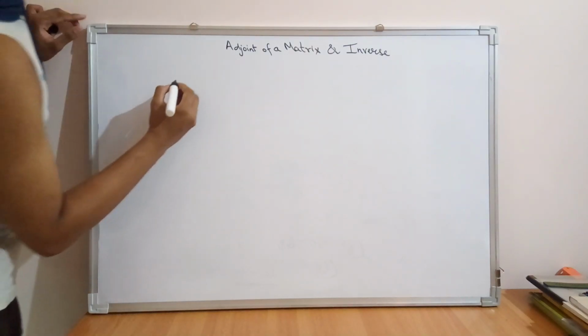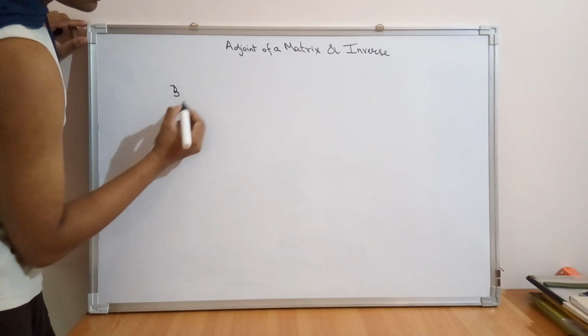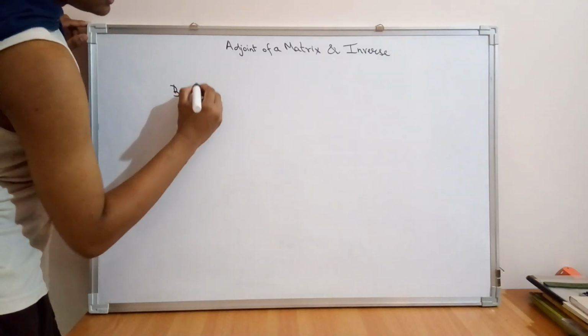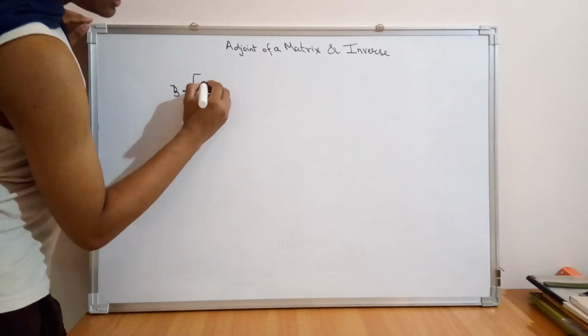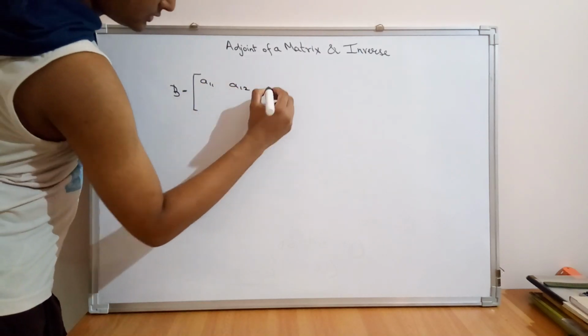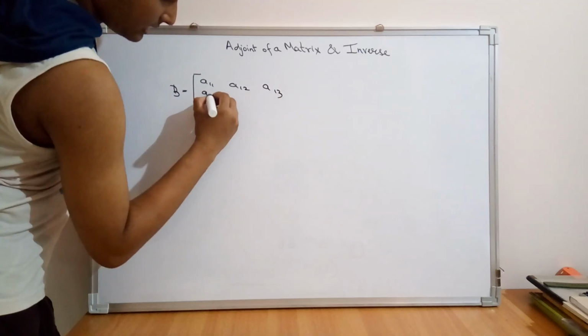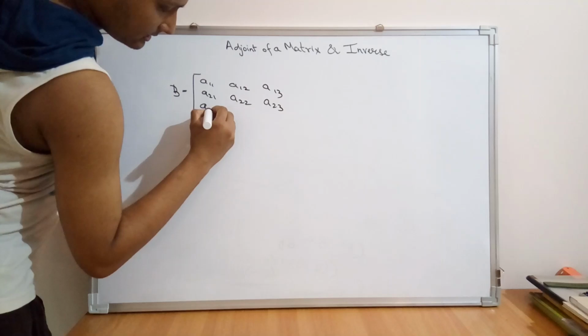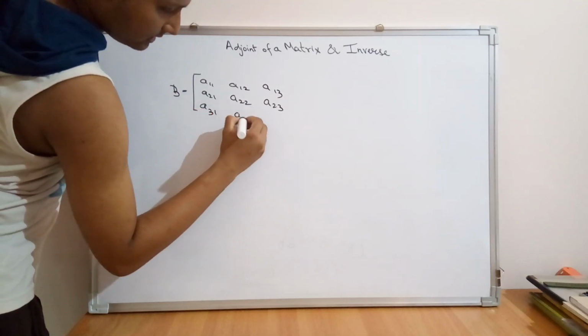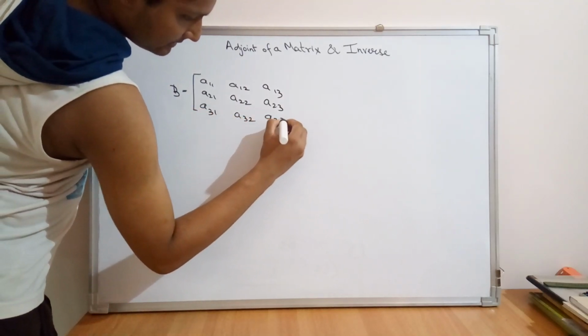So if you consider a particular matrix, I'll consider a 3 by 3 matrix only for a better understanding. So it is going to be A11, A12, A13, A21, A22, A23 and A31, A32 and A33.